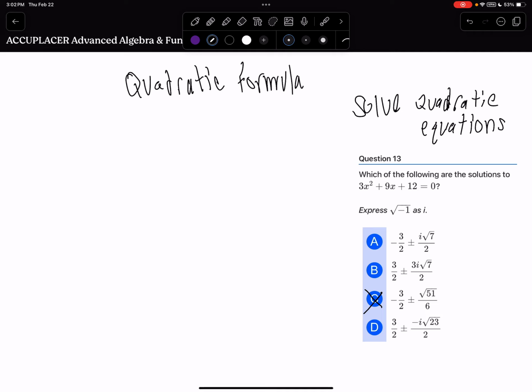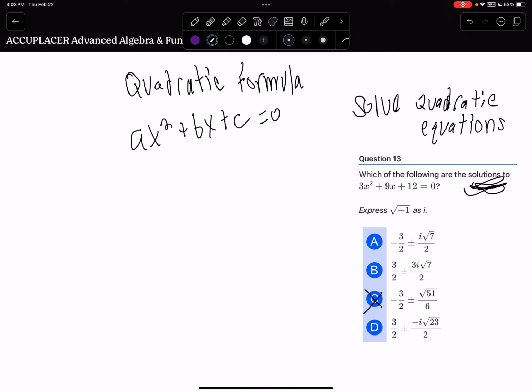And what it says is when you have something like this, ax squared plus bx plus c equal to 0. When you have a quadratic equation, you can find out what your solutions are by doing this formula.